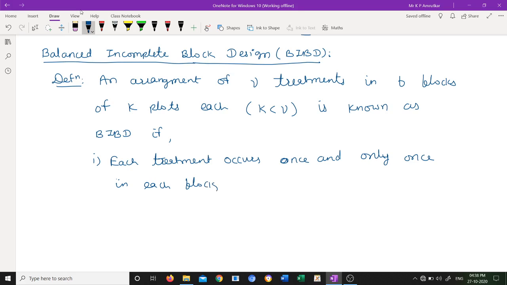Each treatment must occur in each block only one time; more than one time is not allowed. The second condition is each treatment is replicated R times.